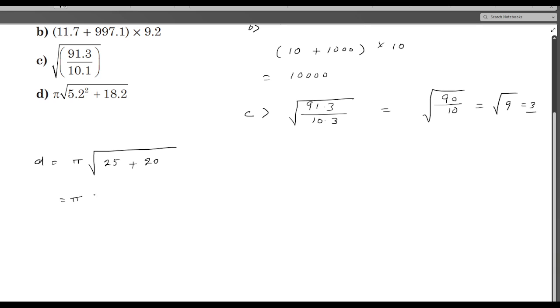So this is pi times root of 20 plus 25, which is 45. So its square root can be approximated. Pi is 3.14. Its square root can be approximated as 7, and 7 times 3 is 21. We have to write the answer in one significant figure. So the result is 20.